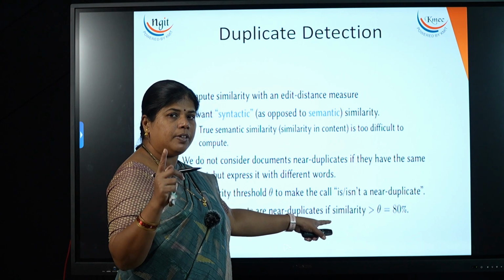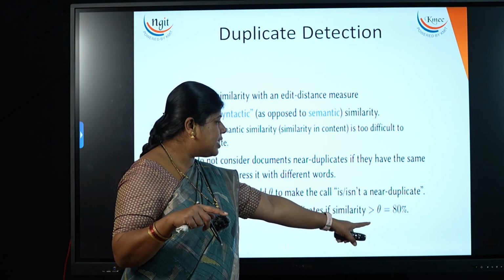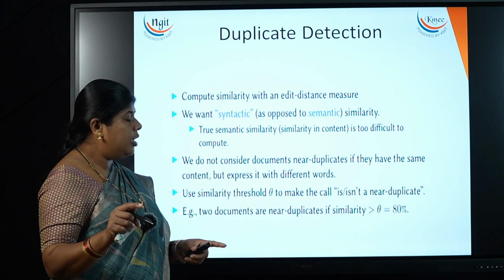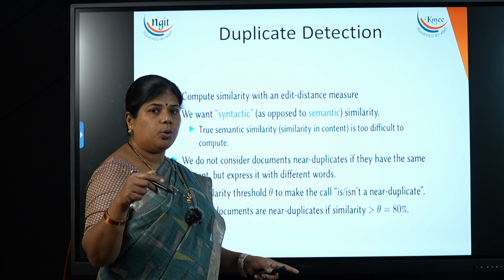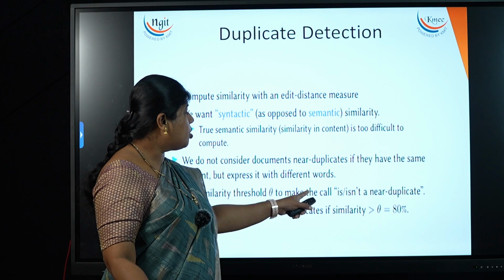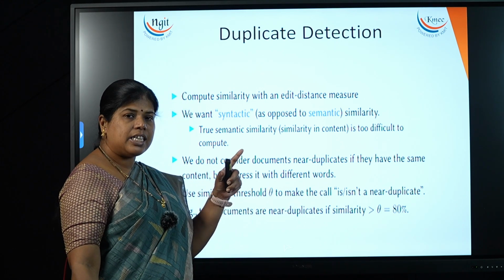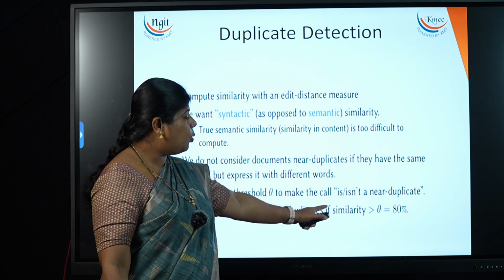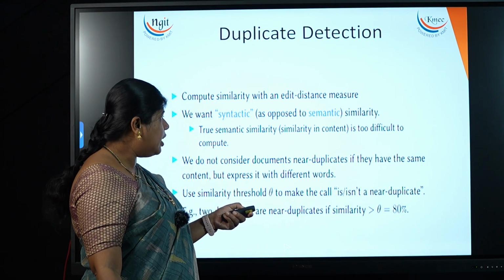If the similarity between the two documents is greater than that threshold, for example, if I consider the threshold as 80%, and two documents are similar by 80%, then such documents will be called near duplicates. When they are similar 100%, that is an exact duplicate. When they are similar only 80% based on my threshold, it will be called a near duplicate.